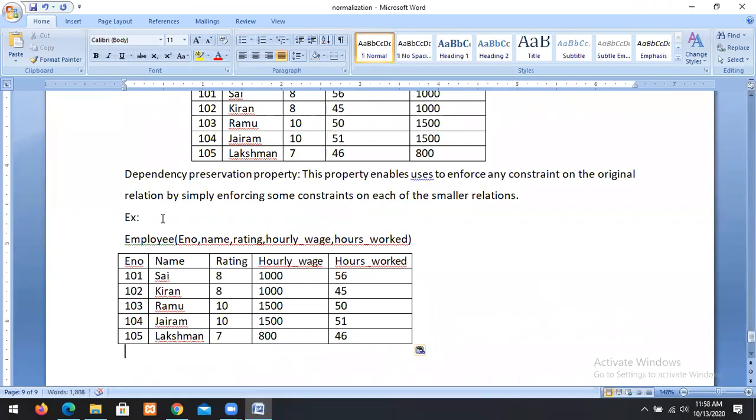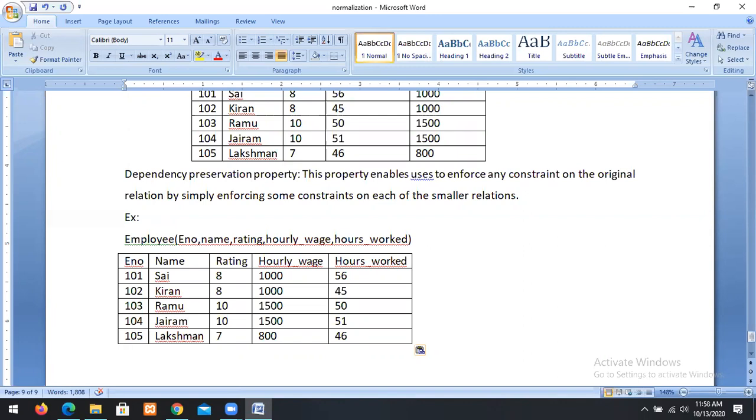What are the constraints of this relation? Name is functionally dependent on employee number. Rating is functionally dependent on employee number. Hours worked also depends on employee number. Hourly wage is dependent on rating. These are the constraints on this relation.